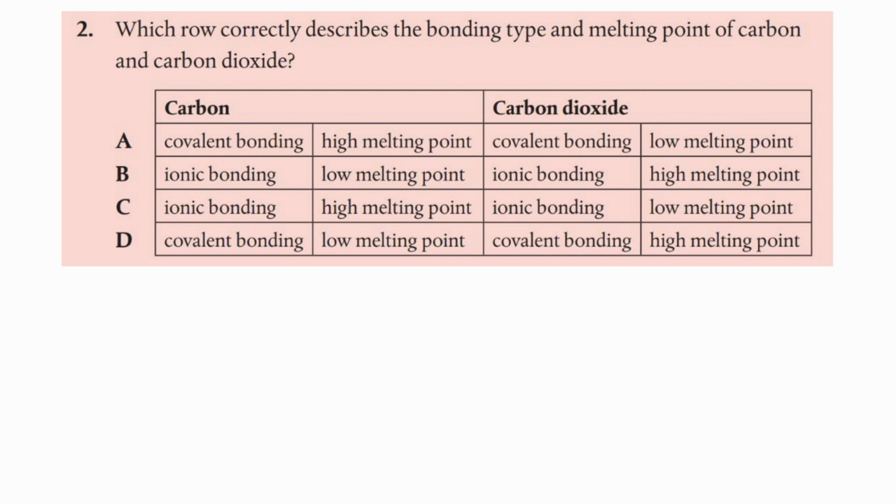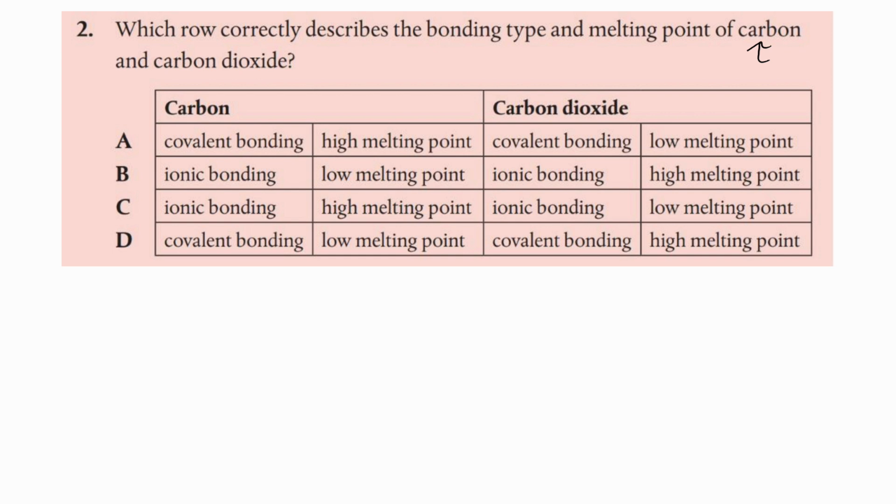Which row correctly describes the bonding type and melting point of carbon and carbon dioxide? Remember from last section, carbon is going to be a covalent network solid, which essentially means that all the carbons are connected by covalent bonds. So it's essentially one giant covalent molecule, which requires a lot of force to break apart, which corresponds to a high melting point.